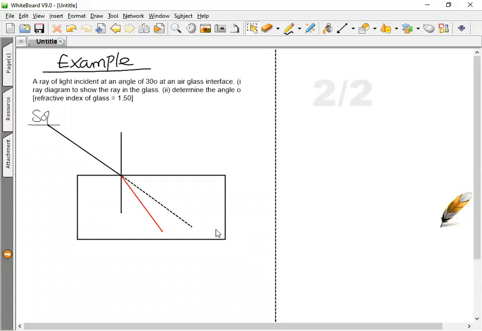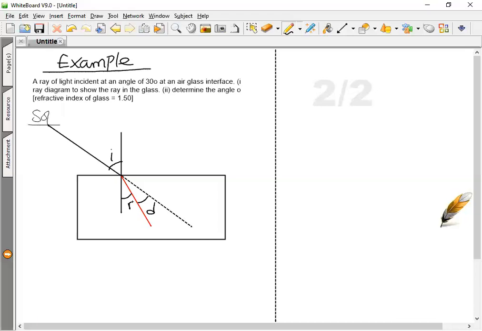Okay, this is our angle of incidence. This is our angle of deviation, and this is our angle of refraction.